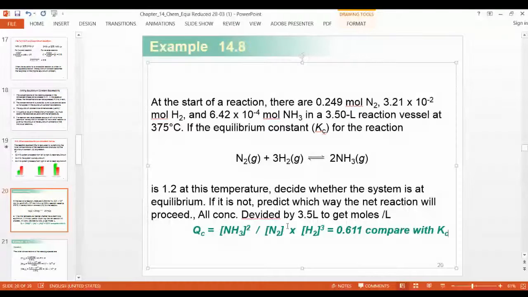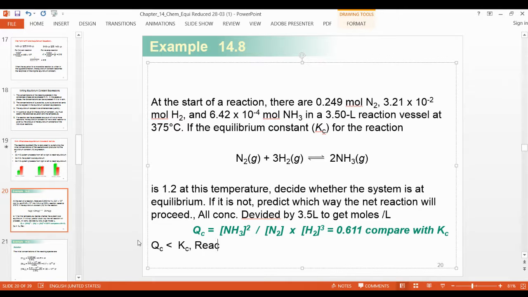So now what is the relation you get here? Is Qc greater or less than Kc? Less. So which direction does this reaction proceed, forward or reverse? Forward direction, because it is less. Yes, left to right. Very good. Qc is less than Kc.